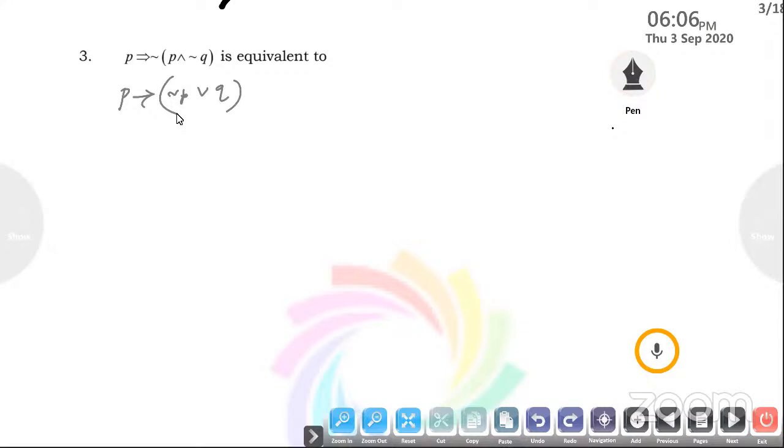So all of you know that P implies Q can be written as negation of P or Q. Both are equivalent statements.